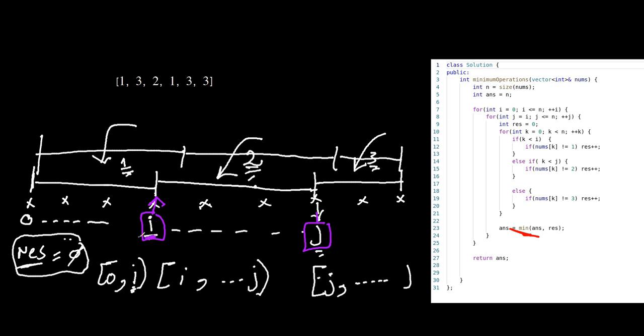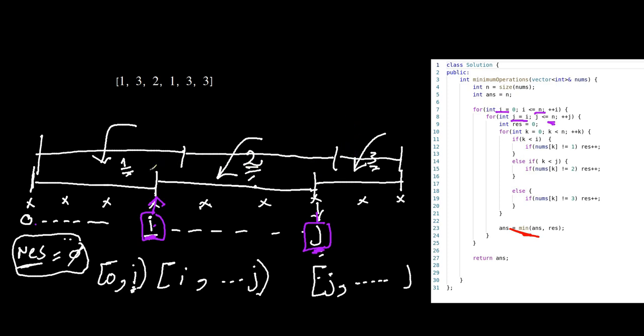We try every possible i from 0 to n, and for every possible i we also try all possible j from j equal i to n. By this, when we move i and j, we can have all the combinations of different lengths for these three segments.